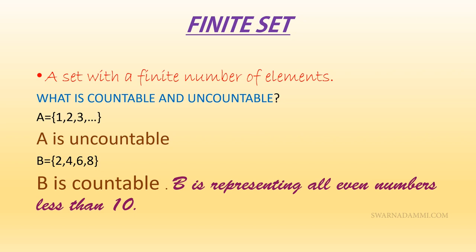There are 2 examples here, set A and set B. A is uncountable because A equals 1, 2, 3, and so on up to infinity. No limit there, it goes up to infinity. But B is countable. It represents all even numbers less than 10: 2, 4, 6, 8.